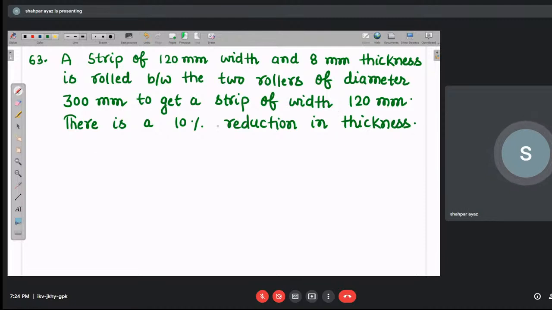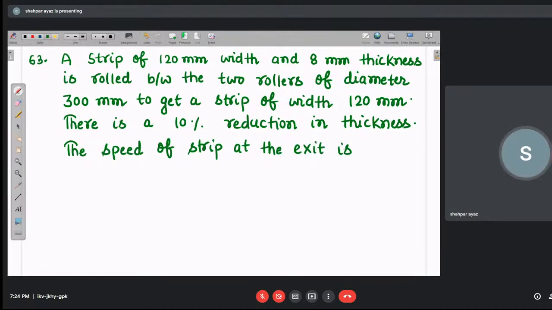The speed of the strip at the exit of the roller is 330 meter per minute.